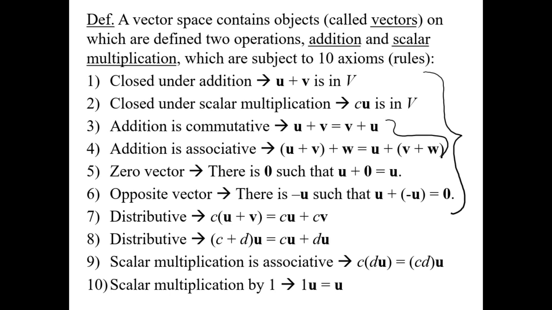Is it closed under scalar multiplication? Is the zero vector in there? And does a vector have an opposite? Basically, if I ask you to verify this is a vector space, these are really the 4 that you want to put in the effort to check, because all the rest of them I'm not really too worried about. As we go through, I might make some comments about that, but in general, I'm not too worried about them.